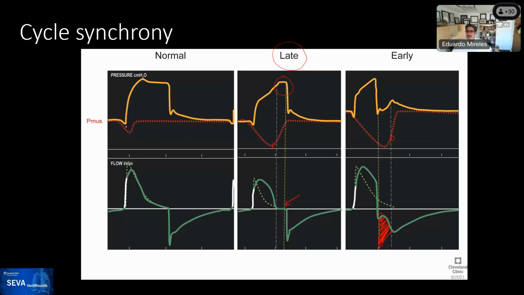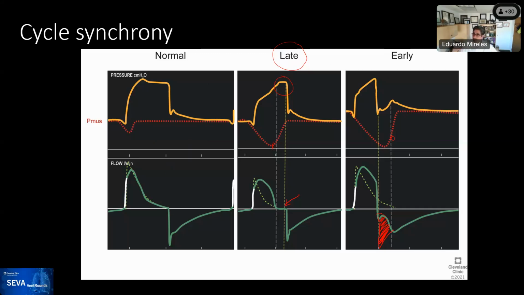Actually, this is part of that nomenclature that still needs to be ironed out. In case number 1, there is a small amount of effort, and after that essentially the breath becomes passive. You could say that this patient is over-assisted.